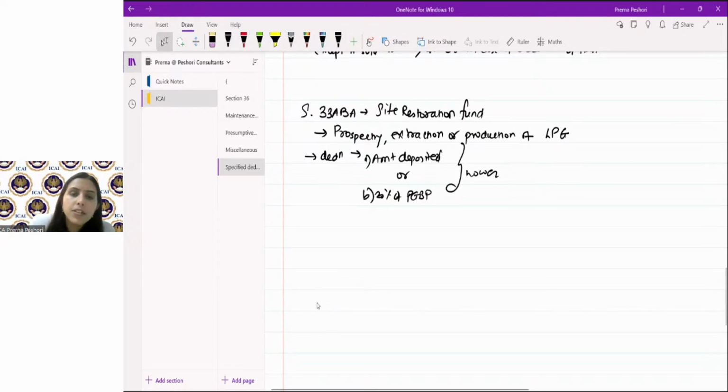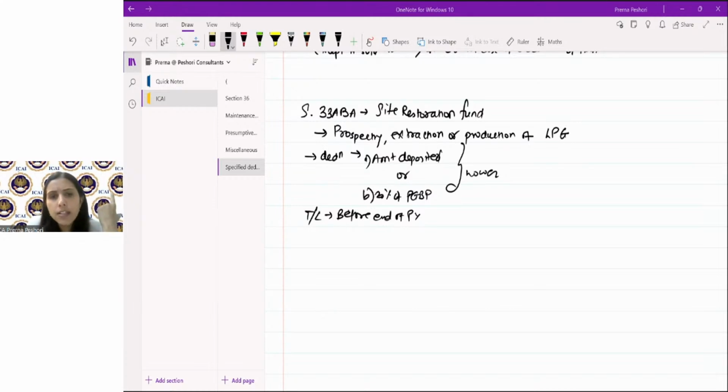Before the end of the previous year. Are we clear? Here also it provides that for the purposes of the 20% of PGBP, the brought forward losses under section 72 will not be taken up. Are we clear? And even interest on deposit will be considered as deposit only in this particular case.